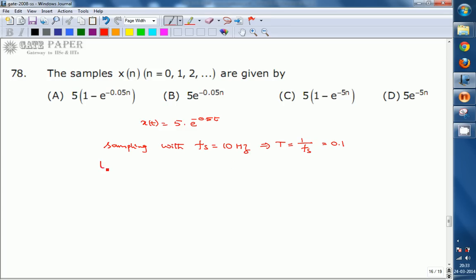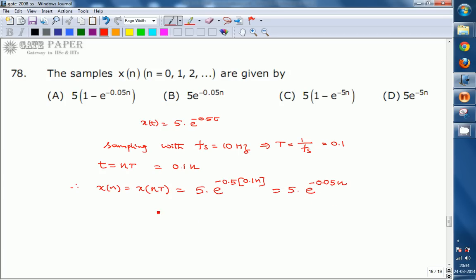So we know that sampling is nothing but replacing t with small nT, that is t equals 0.1 n. So we get the output x of n, where x of t is replaced with nT: 5 into e power minus 0.5 times 0.1 n, that is 5 into e power minus 0.05 n.